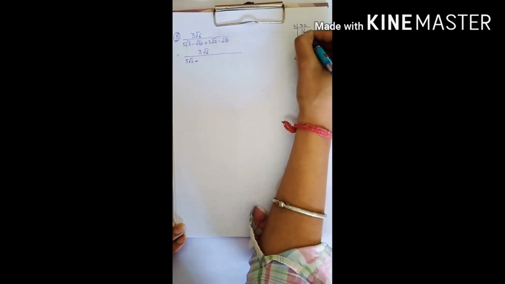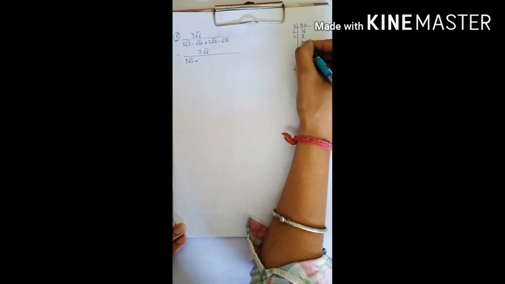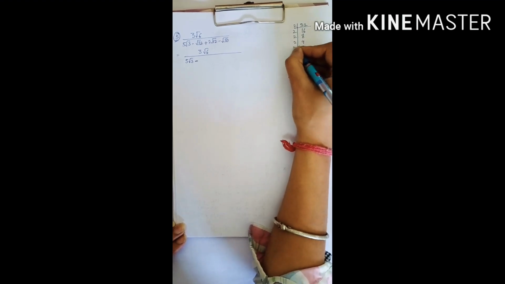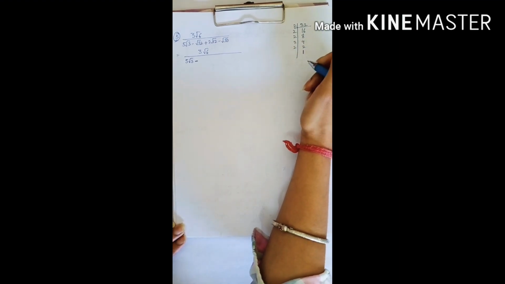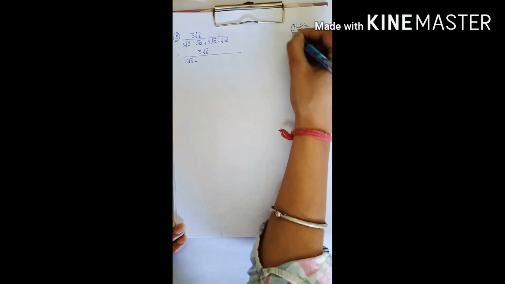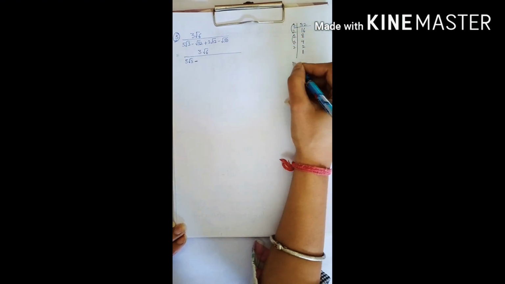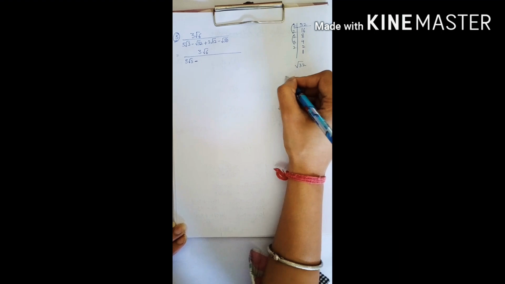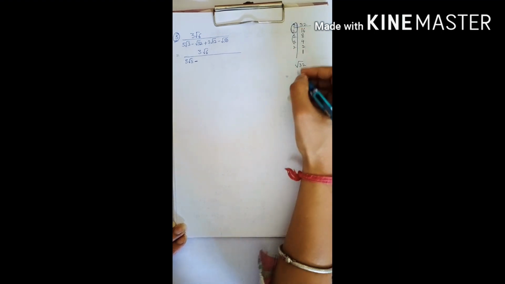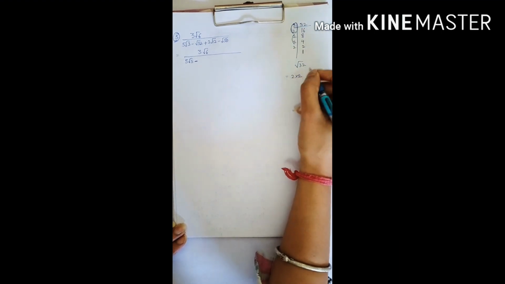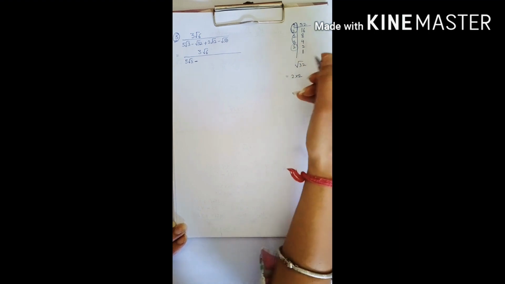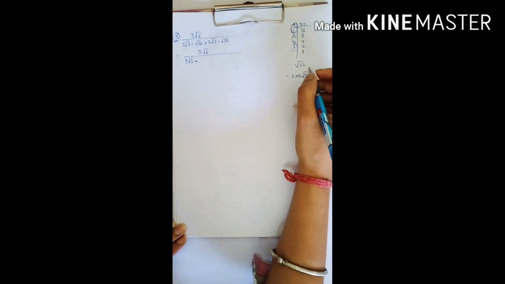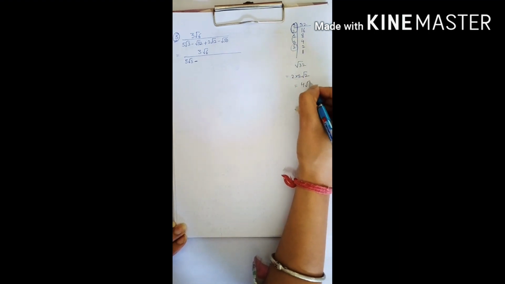It will be 16, 2, 8, 2 4s are 8, 2 2s are 4 and 2 1s are 2. How do we solve the square root? The numbers which are in pair we will write outside the square root like this, one time 2 into 2, and the number which appears a single time we will put in the root. So what we will get here is 4 root 2.